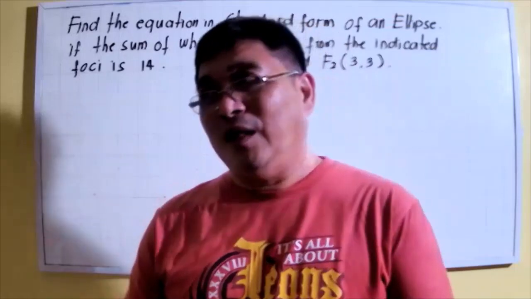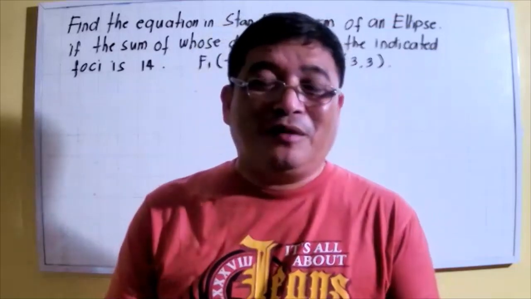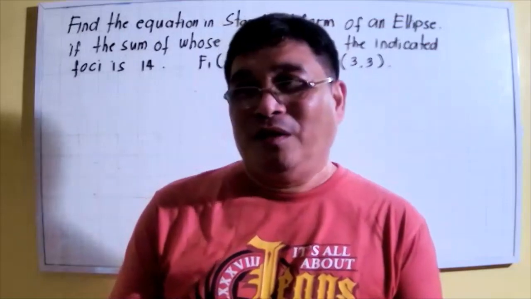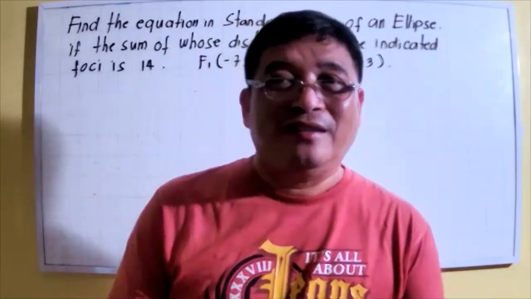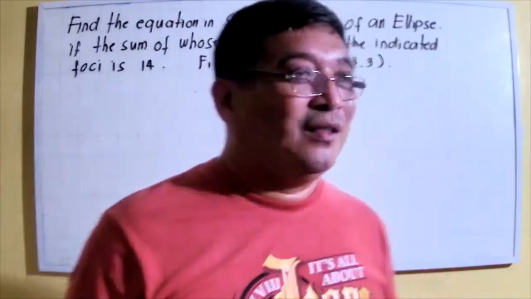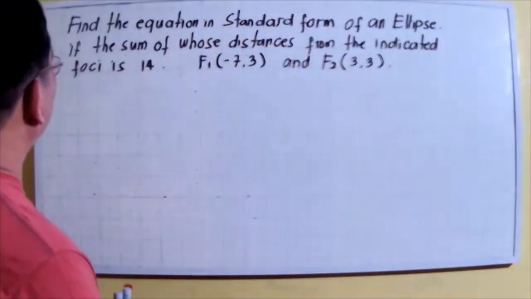We have the ABC of a triangle, and we're going to look for it for this given example. Now, let's have an example of an ellipse.